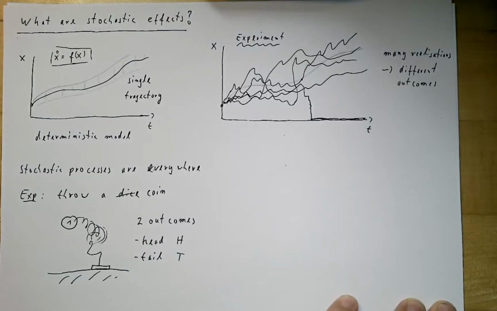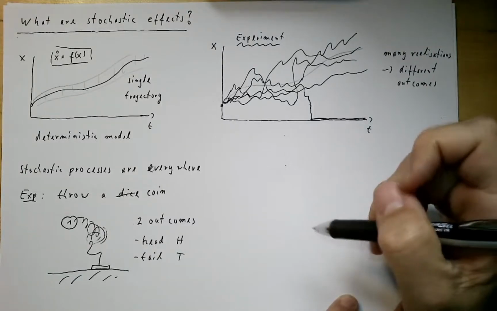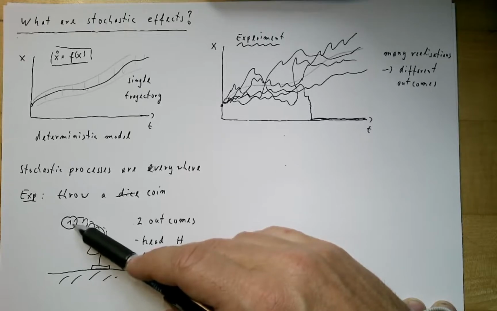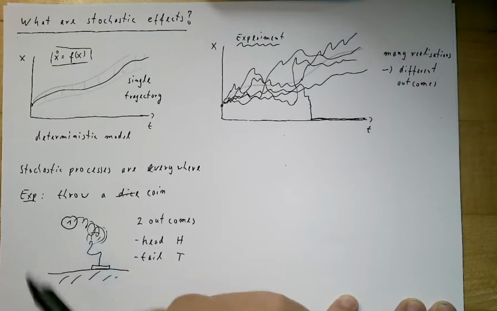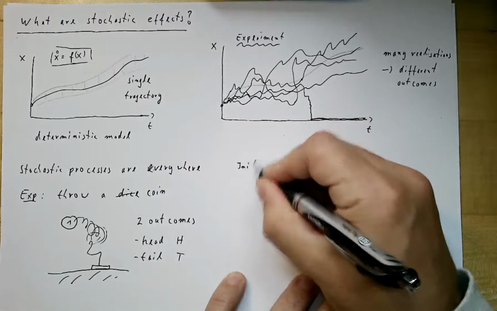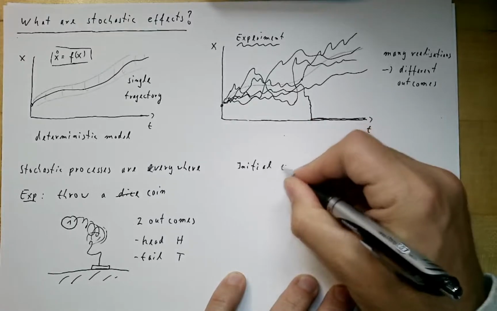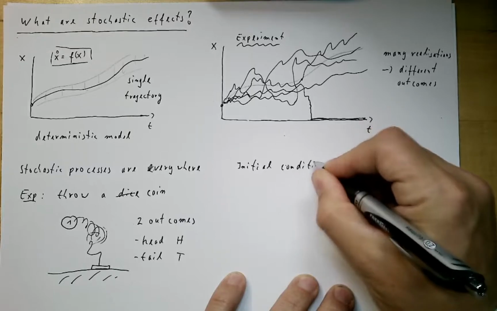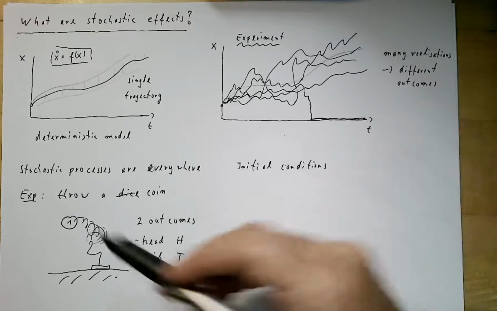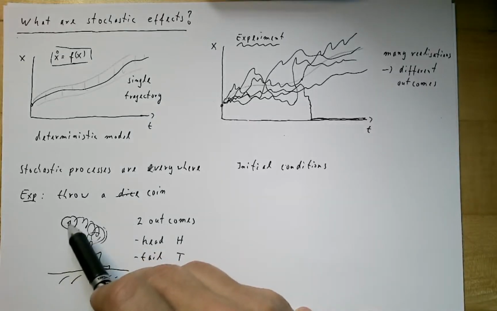Why should I still treat this as a stochastic process? And the thing is, so let's assume, what are the initial conditions, how many variables do we need to characterize the initial position of the coin here? So the initial conditions. So we need the position of the center of gravity.